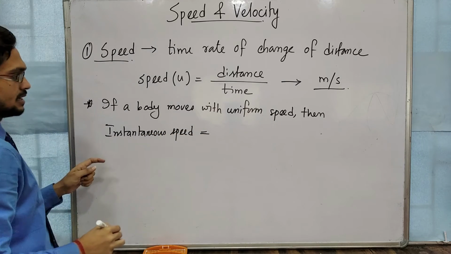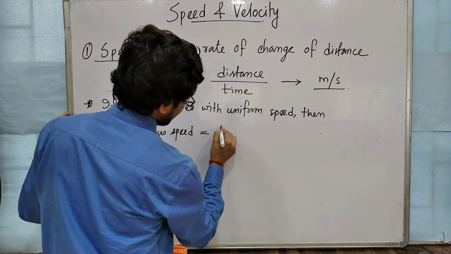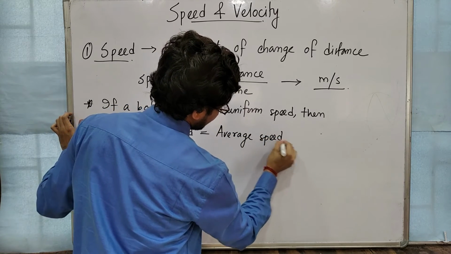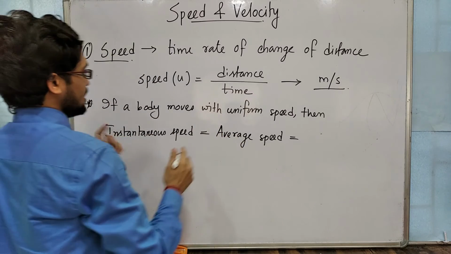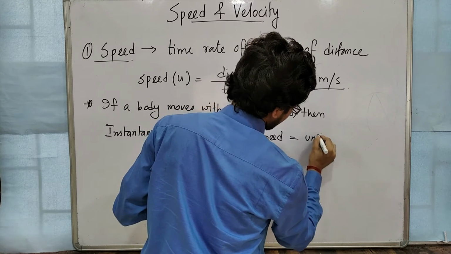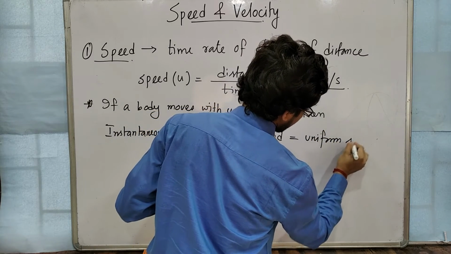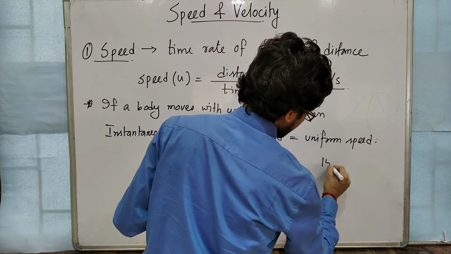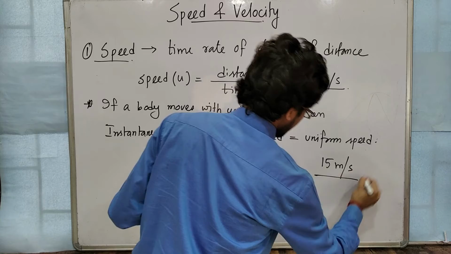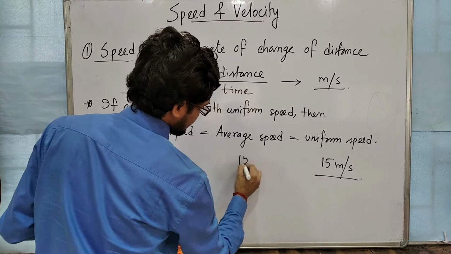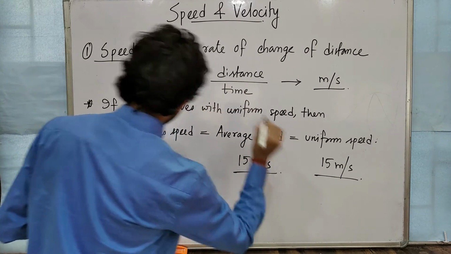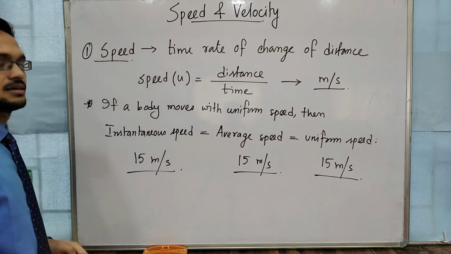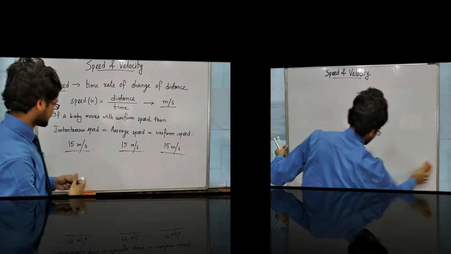So if the uniform speed of an object is 15 meter per second, then average speed will also be 15 meter per second. Instantaneous speed will also be 15 meter per second. Understand this thing?